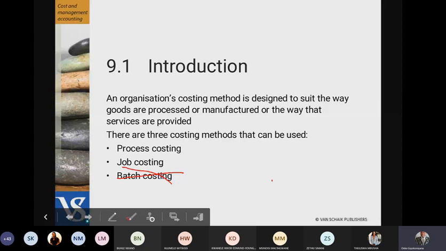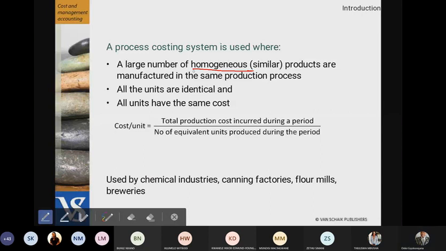So we use process costing if the company is manufacturing a similar product, then that method is suitable for that production. All units are identical and all units have the same cost. So I will find that that method is the best method to use on that kind of organization.